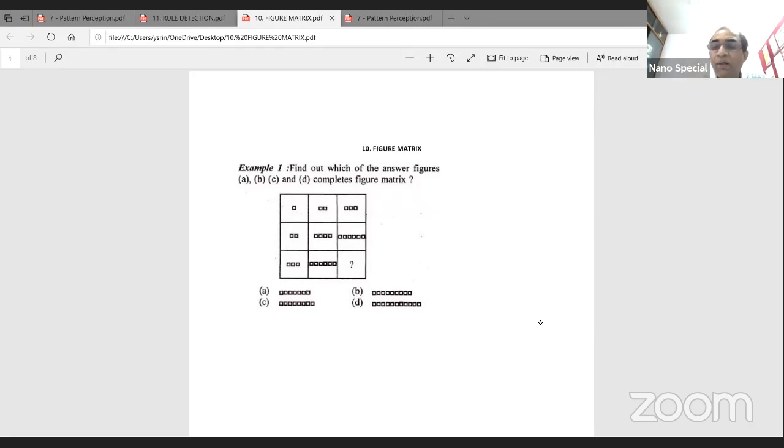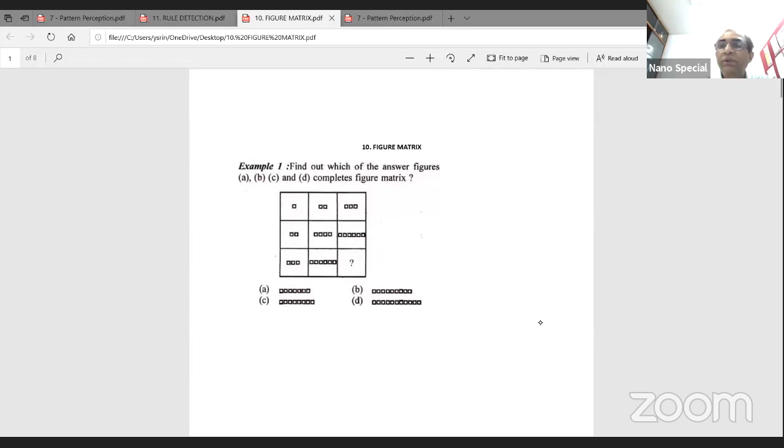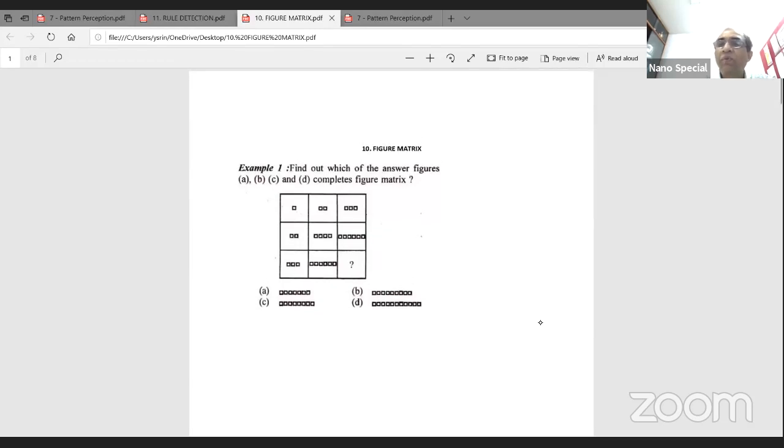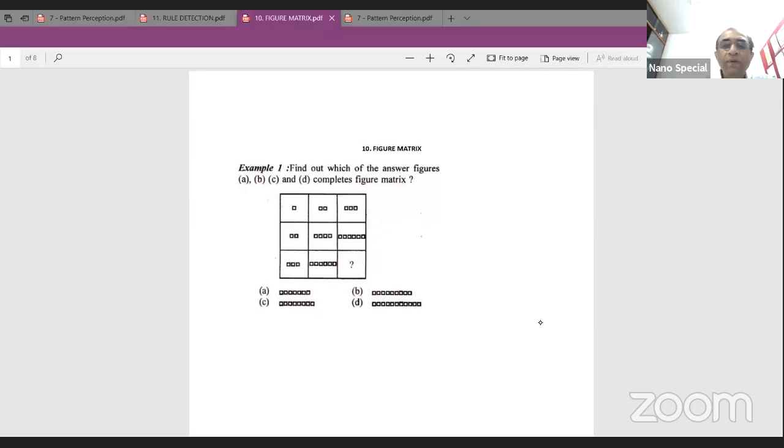So here, Shrestha, yes. Here we are talking about 1 square. We're talking about 1 square. We're talking about 2 squares. We're talking about 3 squares. Here we are talking about 2 squares. It has become 4. It has become 6. Here the increment is +1. Here the increment is +2.